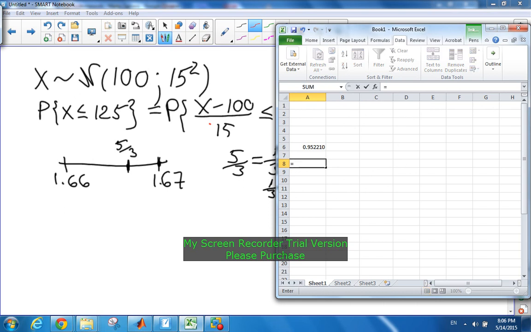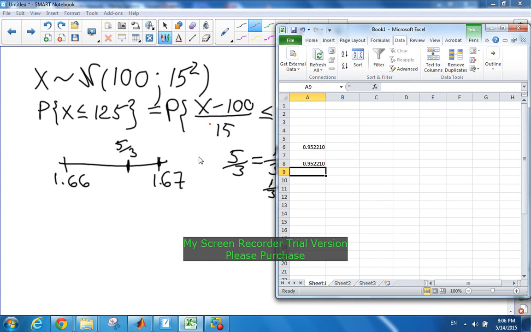So you can just use NORM.DIST of 125, comma, and now the mean is 100 and the standard deviation is 15, and cumulative, yes. All right, and you see it is exactly the same number.